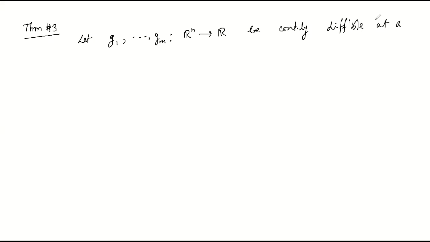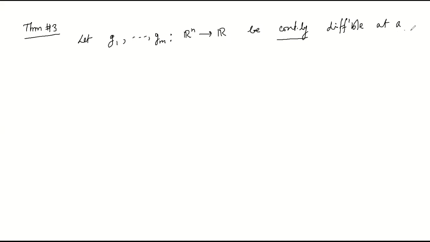Here let g1, g2, and so on gm be functions from R n into R, and let them be continuously differentiable at A. That means these functions are differentiable, so all the partial derivatives of the functions gi exist, and continuously differentiable means the partial derivatives are continuous.